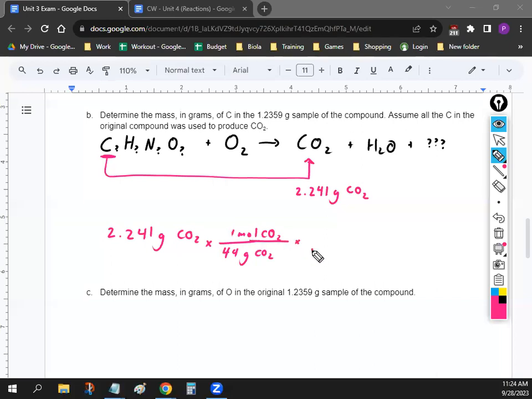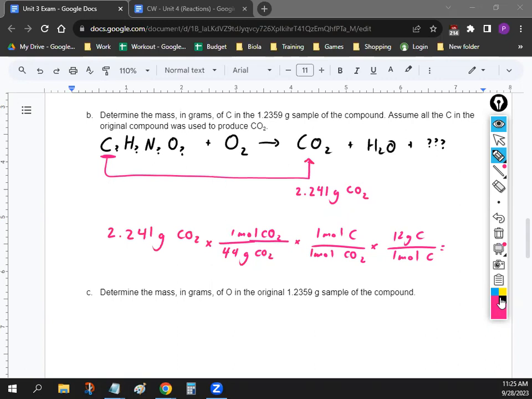We know that in 1 mole of CO2, there is 1 mole of carbon. And then we know that 1 mole of carbon is 12 grams. So by using dimensional analysis, we can figure out how much carbon is inside our 2.2 grams of CO2. And since all of the carbon in CO2 came from this original compound, that's going to be the same number.